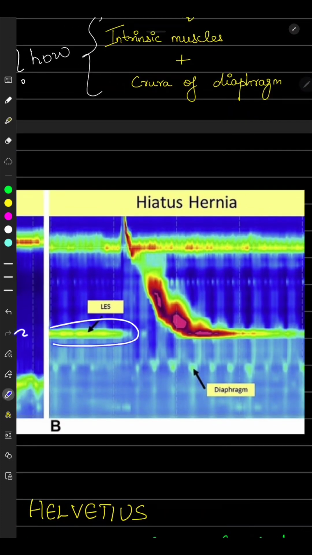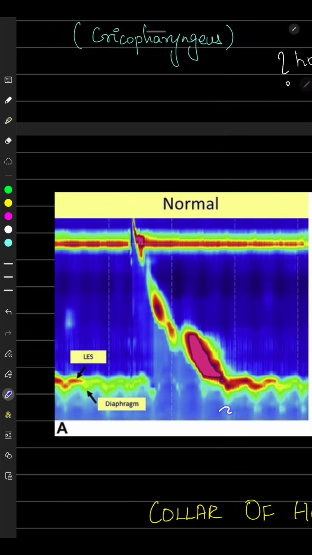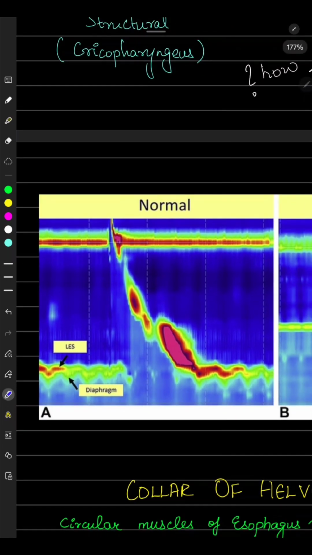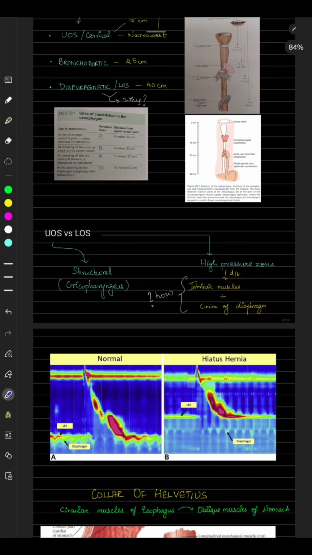Here we have the lower esophageal sphincter, which is the intrinsic muscle, and we also have the diaphragm over here. So in hiatus hernia we have two pressure zones, one here and one here, but normally together they form a red zone. That is the difference between the upper and lower esophageal sphincter. In short, the upper esophageal sphincter is a structural sphincter, and the lower esophageal sphincter is just a high pressure zone.